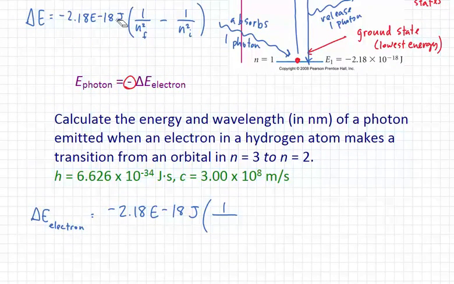I want n squared final minus n squared initial. So what should I put on the bottom of this first fraction right here? 2 squared, okay? Because that's the final. That's the initial. 2 squared minus 3 squared.